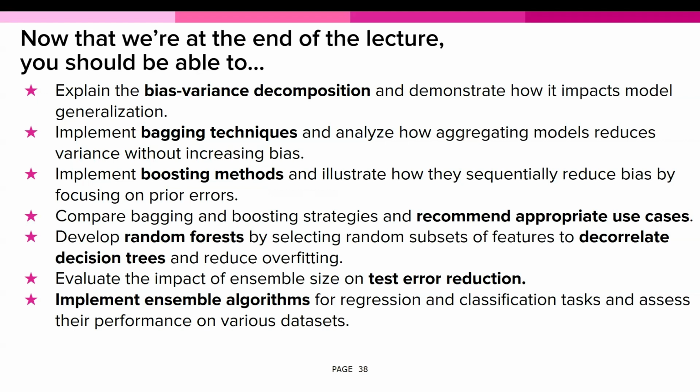We then also saw how to implement bagging techniques to aggregate models and reduce variance without increasing bias. We also encountered boosting methods that build up ensembles sequentially to attack that bias problem by focusing on reducing errors that the previous model had.